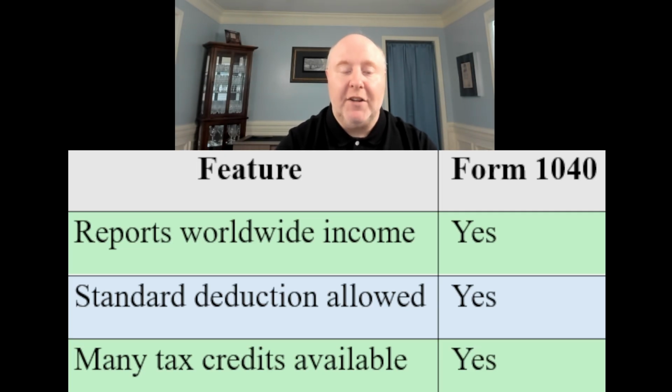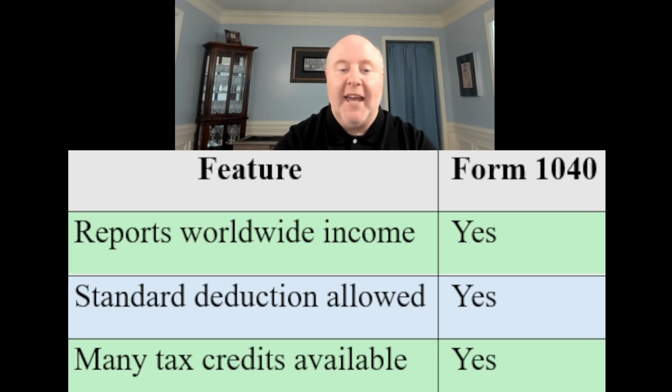And then finally with the 1040, one of the nice features is that you get tax credits if you qualify for them. So when you're looking at these deductions above, the standard deduction or the itemized deductions, what those do is they reduce your taxable income, and then your taxable income is going to be applied with your tax rate.